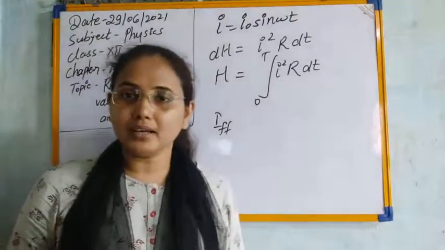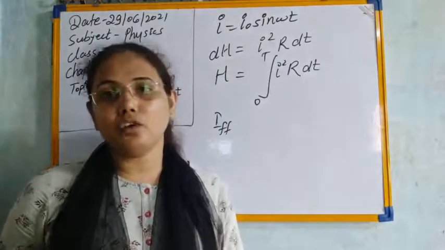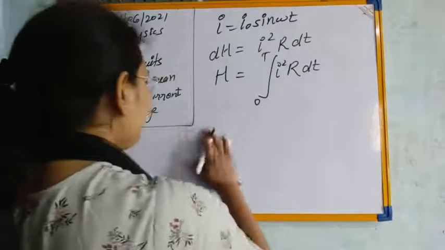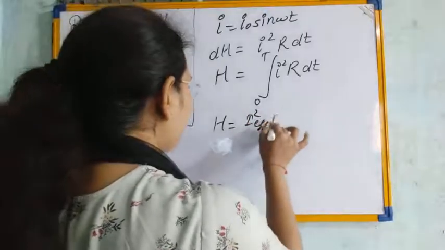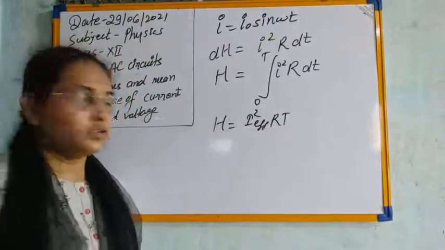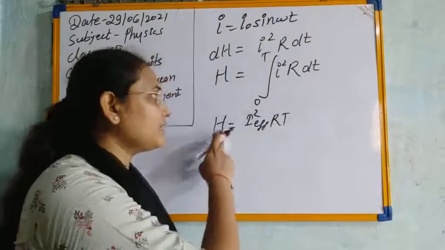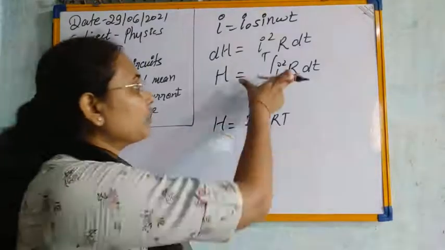Then the heat H can be written directly for the DC by formula as I effective square R into T. So I square RT, you know that. That is the heat produced by the DC in some time T, and by the definition of the RMS, this should be equal to this value.